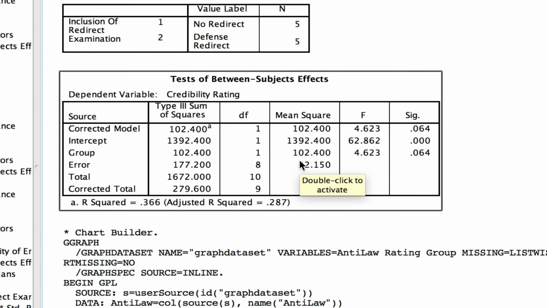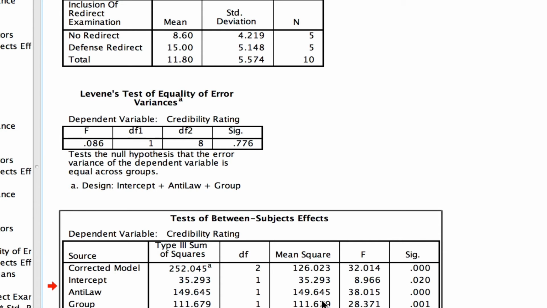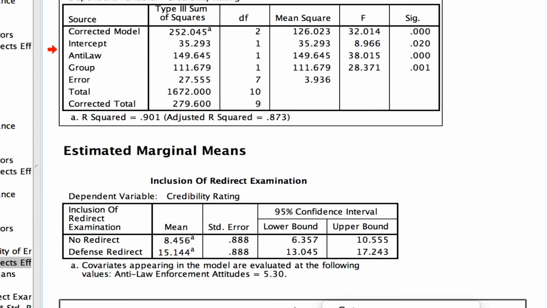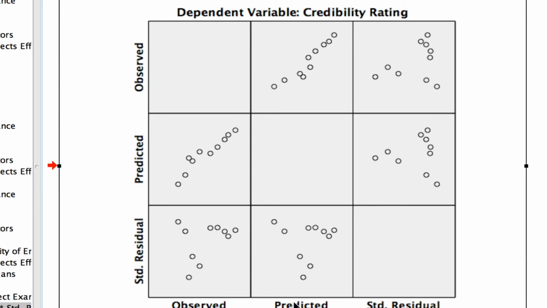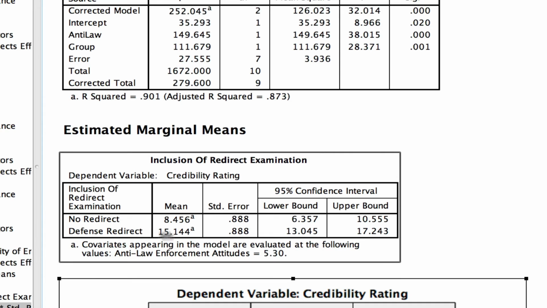Here it was 102.4, and if we look at ANCOVA, it was 111. Why is that? Well, that's because if we look in this next box, our means have become slightly different.